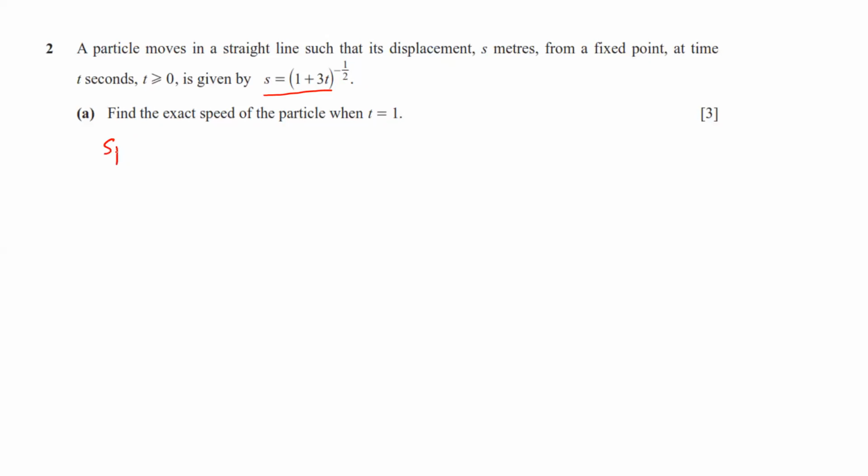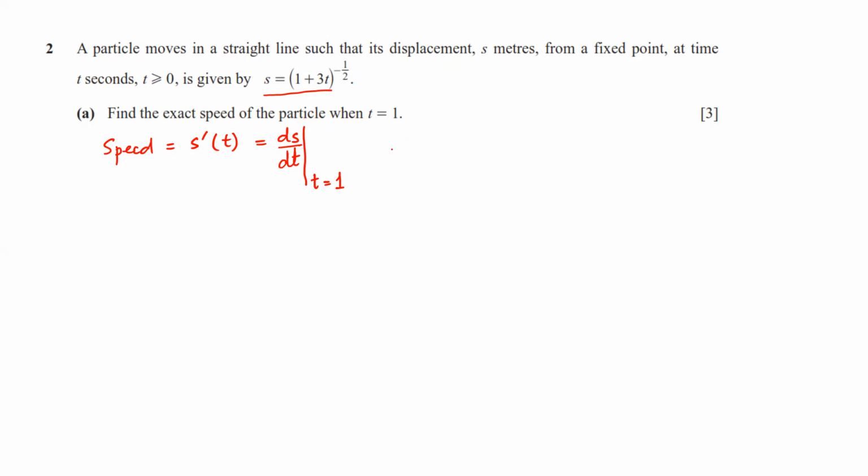Remember, speed is the first derivative of the displacement with respect to time, that is ds by dt at t equals 1. If we find this, it will give us the speed of the particle at this time.